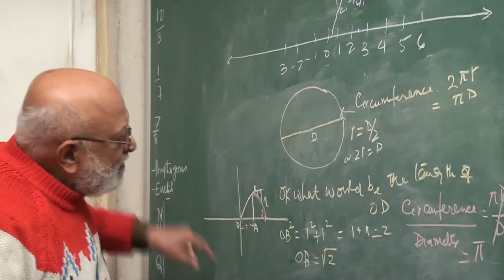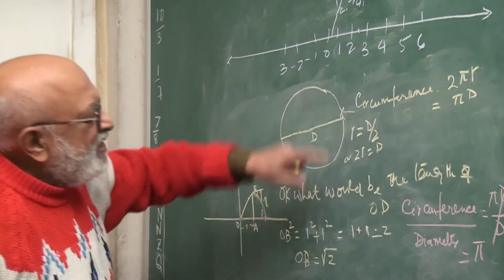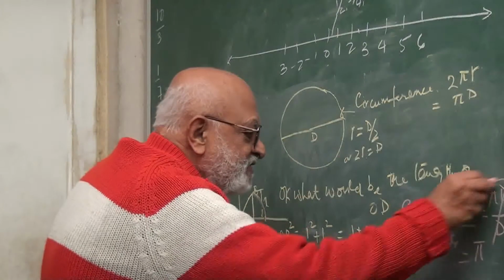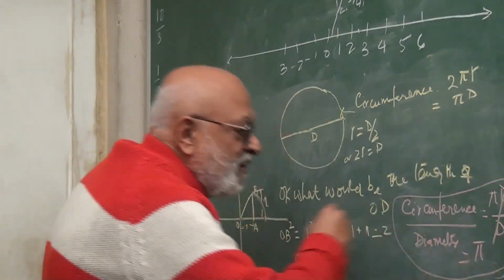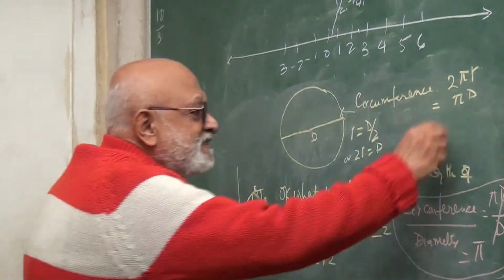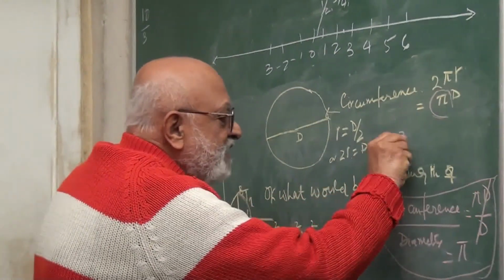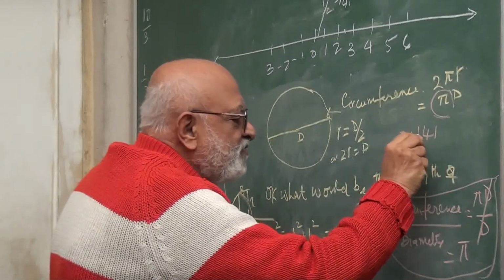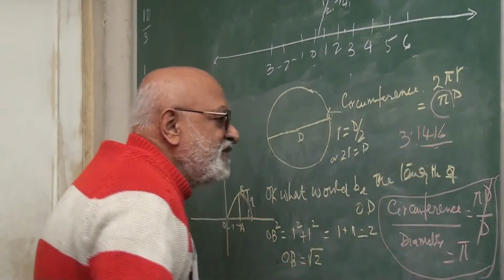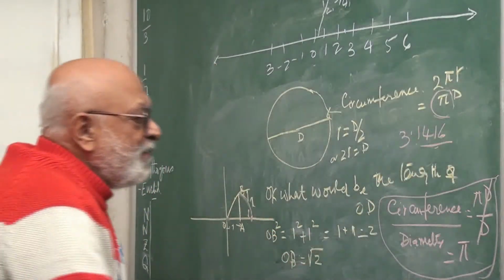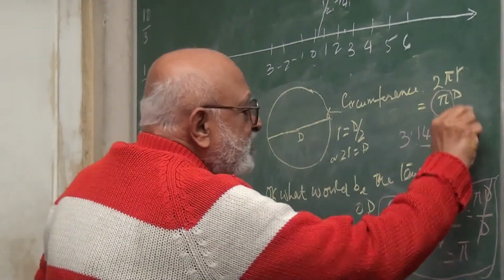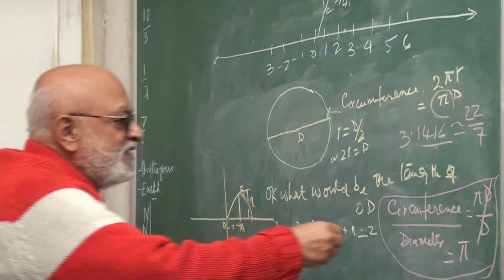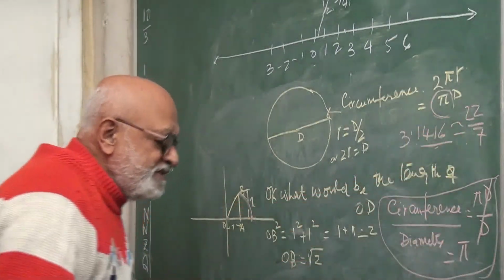You can make circles of various radius and find out this ratio and you will always come to pi. And this pi is an irrational number and this is 3.1416, something of this nature. And we approximate it sometimes by 22 by 7. This is an approximation. If you do not remember this, you can say, okay, this is 22 by 7.